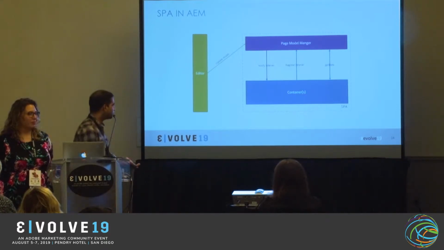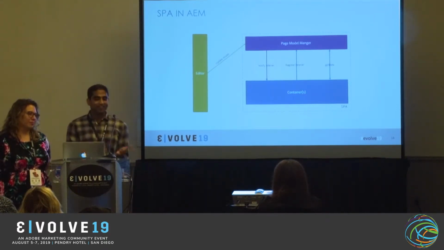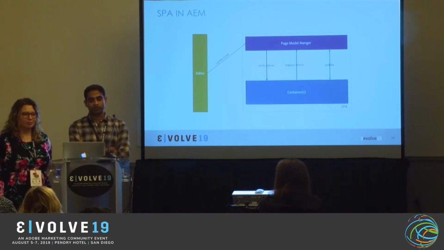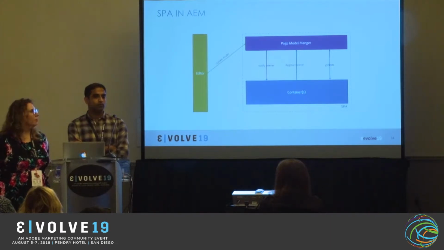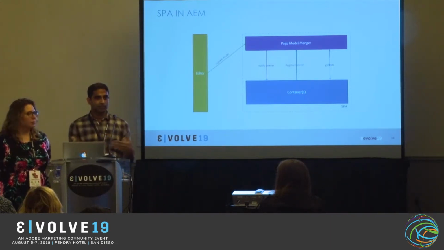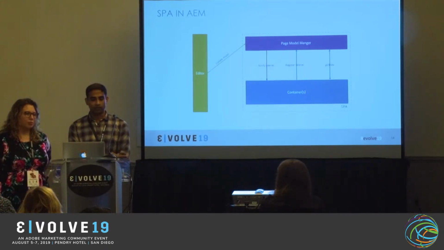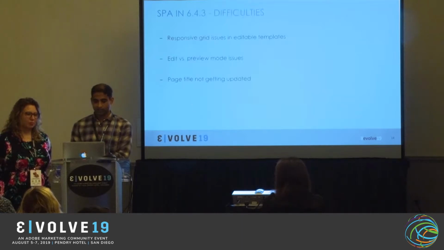The difference is simple. In a regular author, you would basically load the content using the templates and components. But in SPA, we have a page model, so it doesn't really load the content into our DOM. It uses JSON to deal with the page model and whatnot. This diagram basically shows how this is different from a regular AEM project.